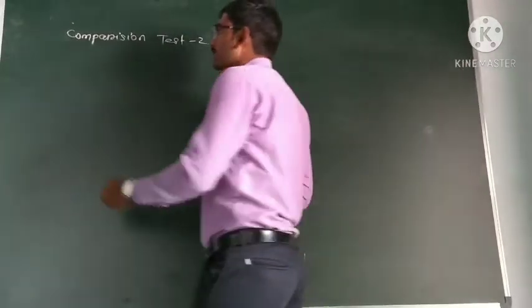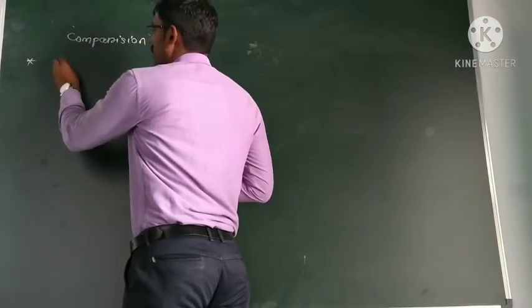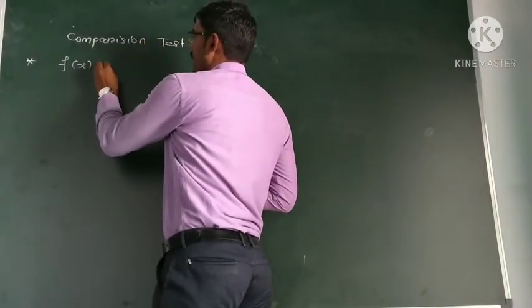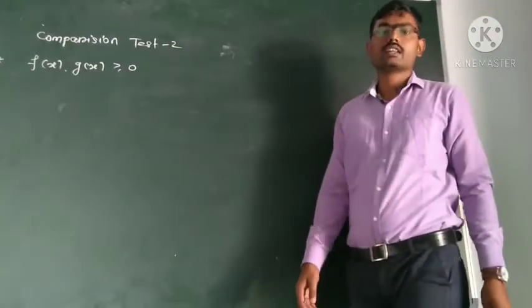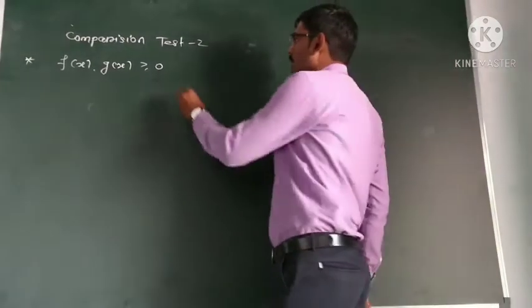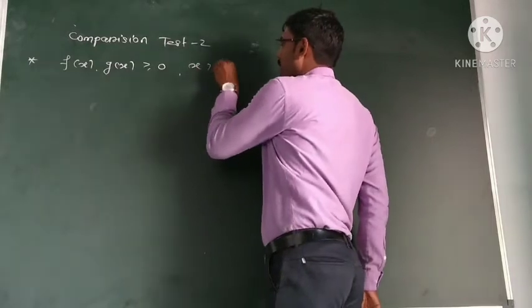The statement is: there are two functions, f and g, both non-negative, that is greater than or equal to 0, for x greater than or equal to a.